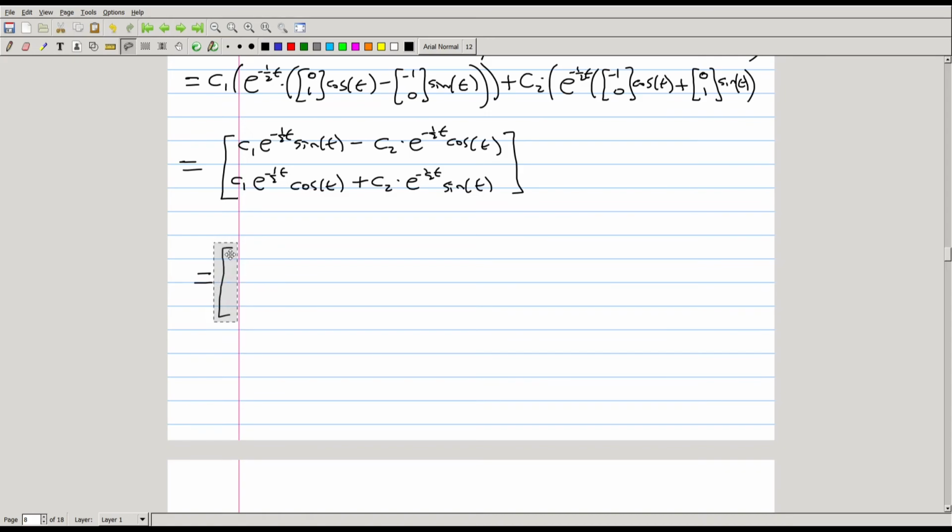We can factor the exponential out of this entire expression: e to the negative 1/2 t times the matrix with rows sine of t, cosine of t, and negative cosine of t, sine of t.